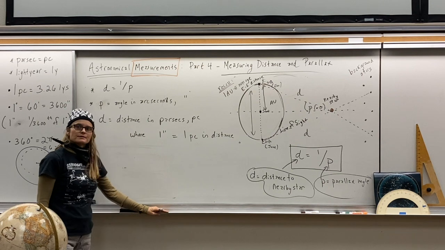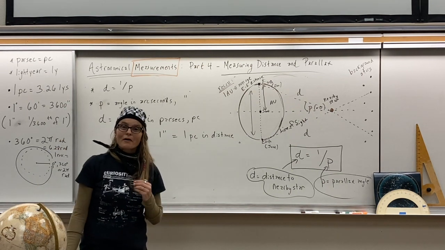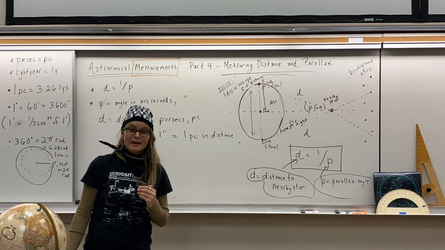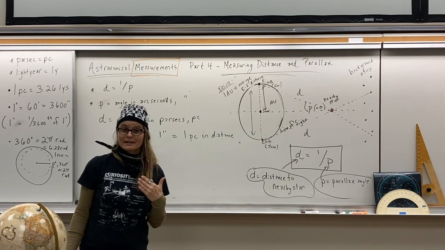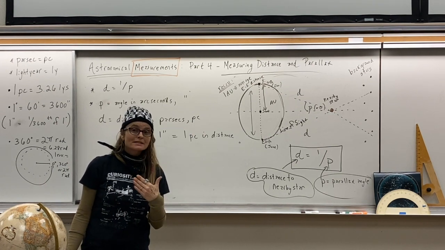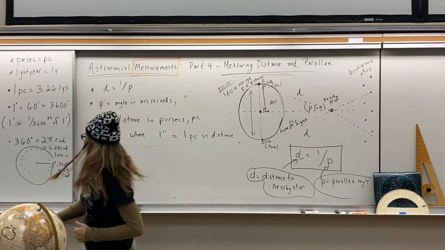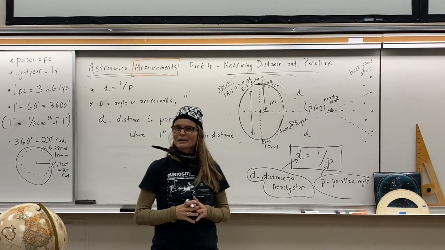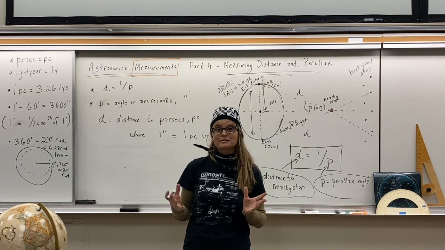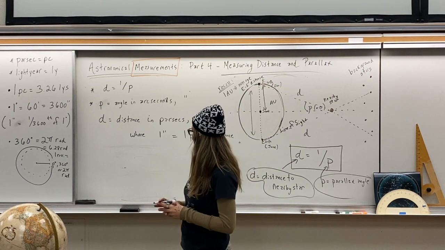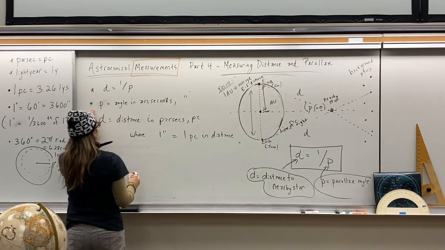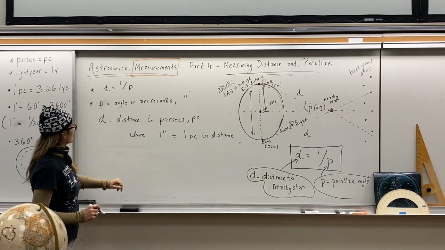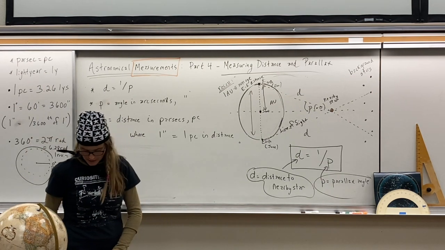So something that covers 1 arc second in the sky is 1 parsec away. And remember, 1 parsec is equivalent to 3.26 light years. We don't have any stars that close, but the nearest is 4.2 light years, very close. So we'll use this formula coming up. This is a really important relationship.